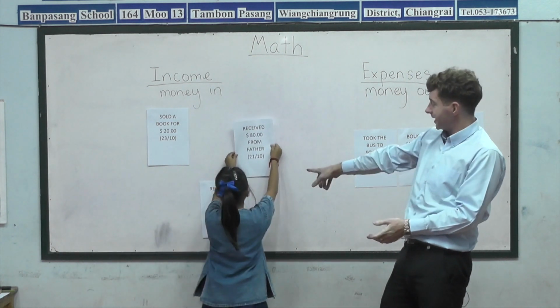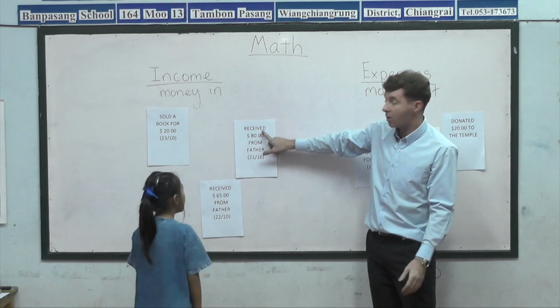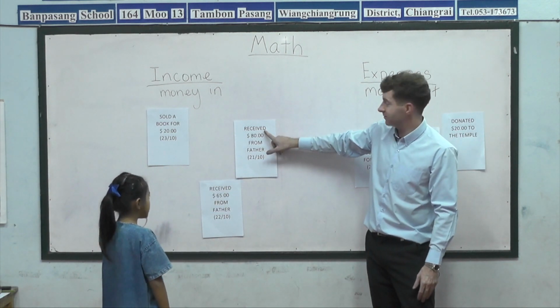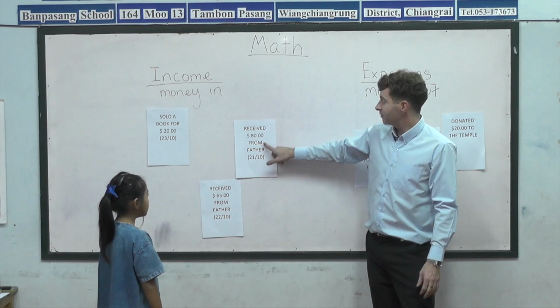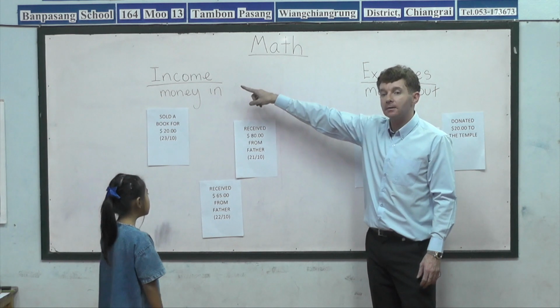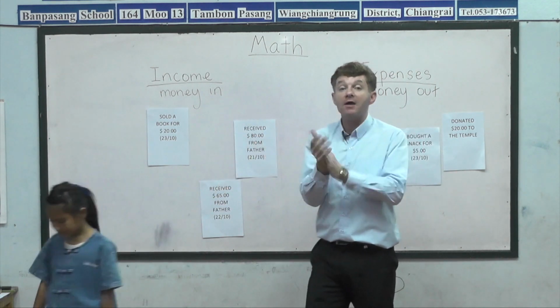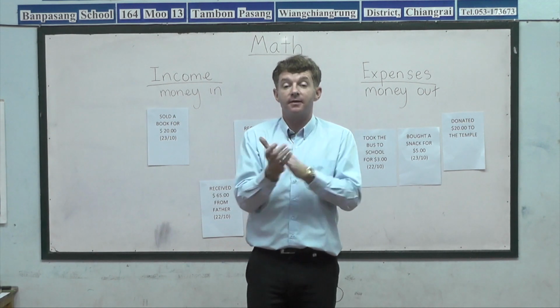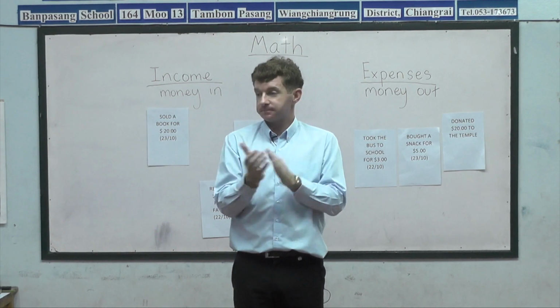Income, yes, it's like the last one. So practice speaking one more time. Received $80 from Father. Income. That was excellent, Pak Bung. High five and round of applause, guys. Round of applause for everyone. Well done. That was great.